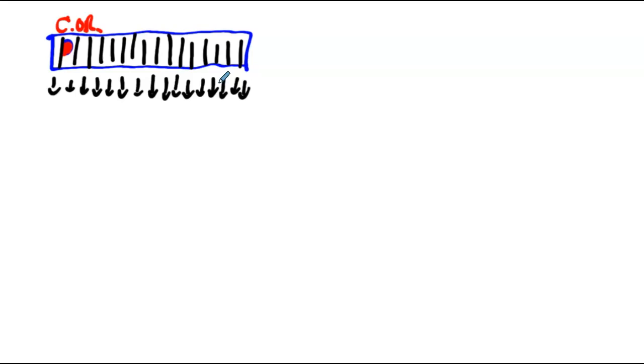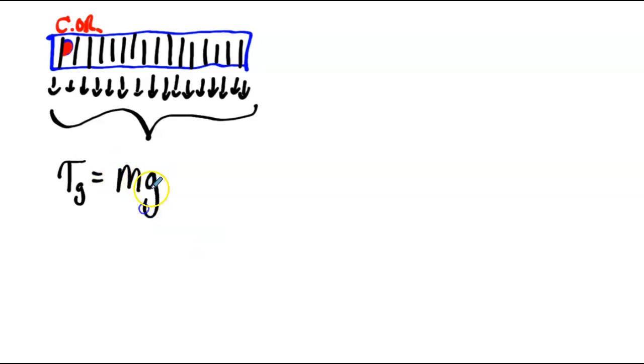But it's not going to be too surprising that, for this particular case, where I've got my center of rotation all the way on one end, the torque due to gravity is equal to mg times L over 2.